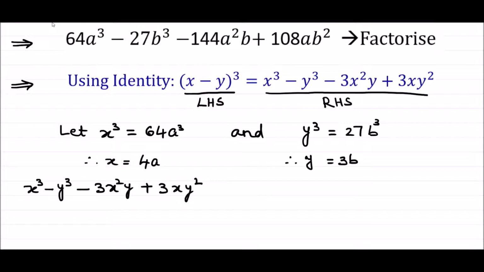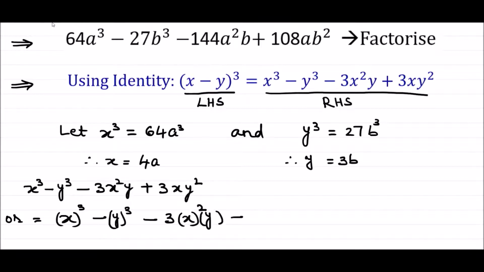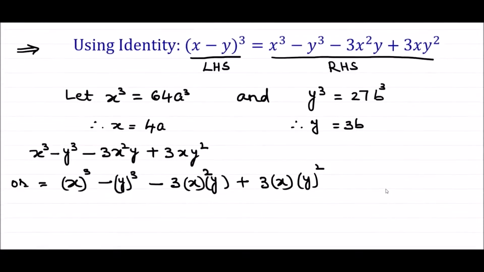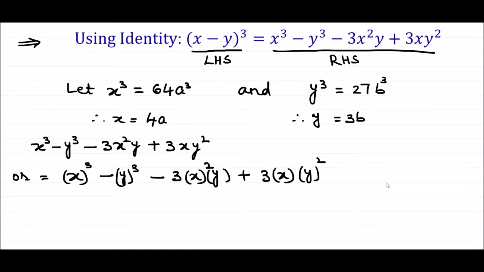I can write this as x within bracket to the power 3 minus y within bracket to the power 3 minus 3 into x within bracket to the power 2 into y plus 3 into x into y square. This is how I have rewritten the identity: x to the power 3 minus y to the power 3 minus 3x square y plus 3xy square.